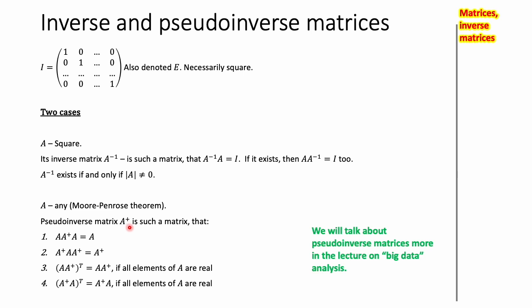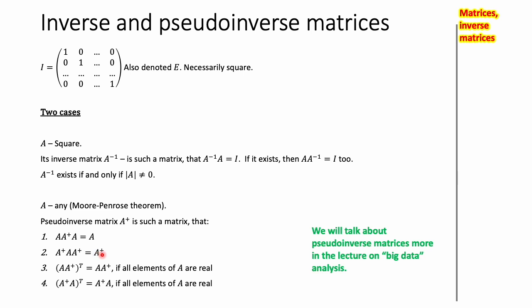It is such a matrix that if you multiply the original matrix A by A plus and then by A again, the result will be A. And if you multiply A plus times A times A plus, it's going to be A plus.